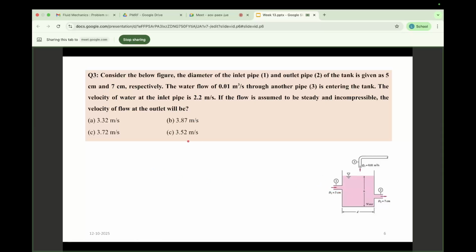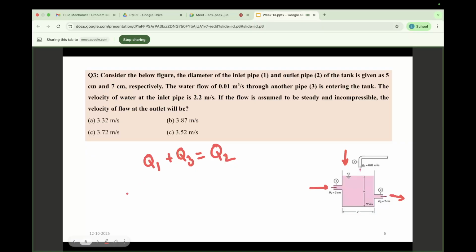So from 1, Q1 is entering this system, and also Q3 is entering, and that should be equal to Q2. This one is the mass coming into the system, and this one is the mass going out. That's why I can write it this way.